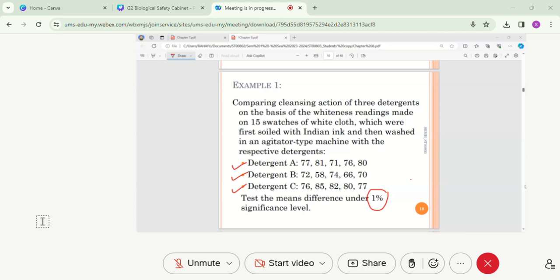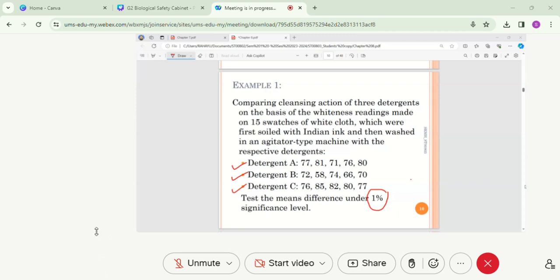What is the value of your K? Daya Hawa. You are slow to answer. What is your K? 15. Para Zulaika, 15. Yes, correct. So, Daya is wrong. Okay, try to go in first.